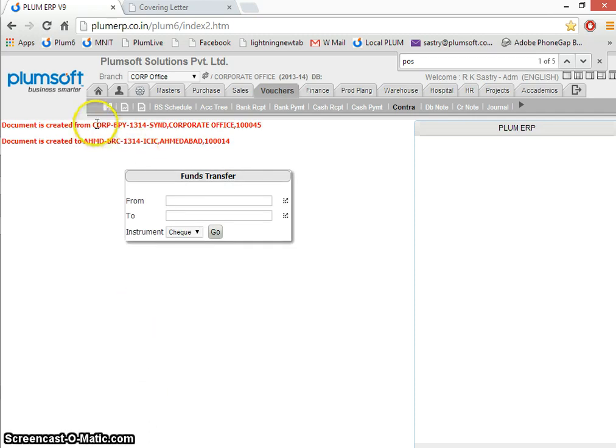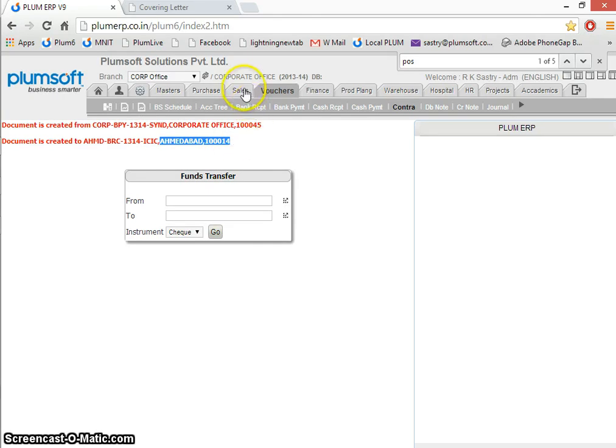You will notice both the records are simultaneously created, a bank payment from Syndicate Bank and a bank receipt at Ahmedabad. This has a number 1,45,000. So we can just see this record, the corporate office bank payment of Syndicate Bank 1,45,000, and similarly at Ahmedabad this record would have got created.